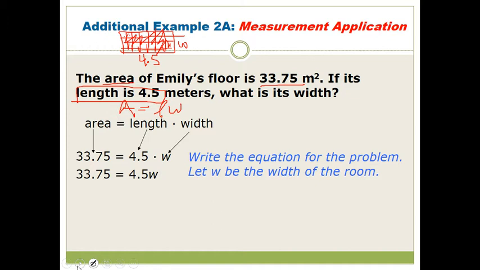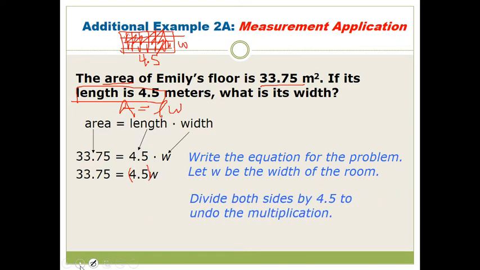So now look, we have an equation just like we were solving in the previous slide. It doesn't matter that the variable's on the right-hand side of the equation. We could flip it around if we really wanted to and make it on the left. But we can solve it directly here. And so what's being done to W? Well, it's being multiplied by 4.5, this whole decimal here. So I'm going to undo that with division, right? We undo multiply by divide. So I'm going to divide both sides by the 4.5.